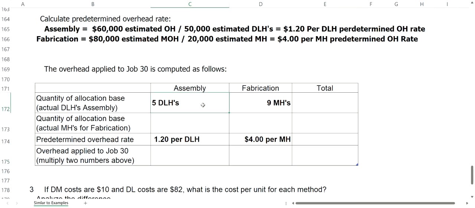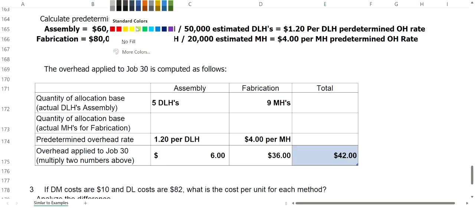So for assembly, 5 times $1.20, that would be $6 of manufacturing overhead being applied from assembly. And then 9 machine hours times $4 is $36 manufacturing overhead being applied from fabrication. So if I add 6 plus 36, manufacturing overhead applied is $42.